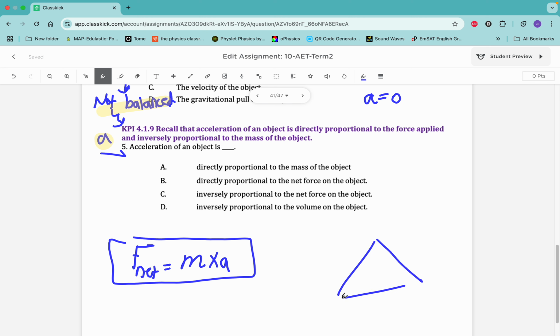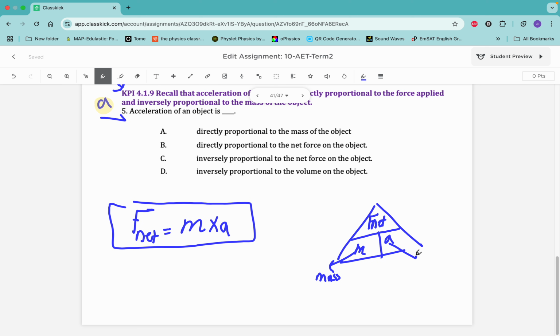Here the net force is equal to mass times acceleration. M is the mass, A is the acceleration, and net force is the total force.